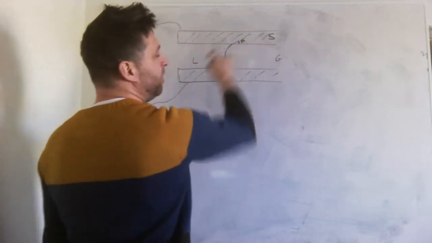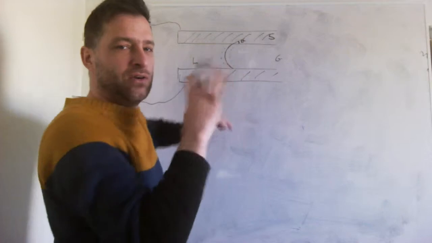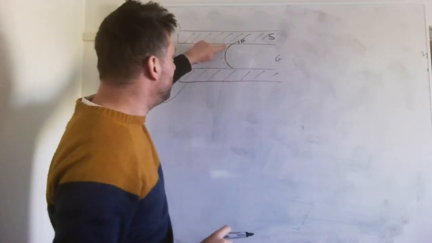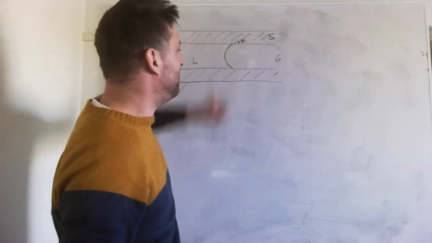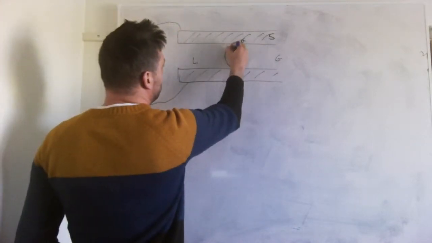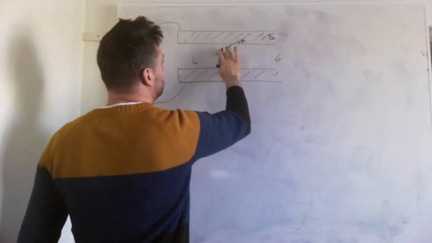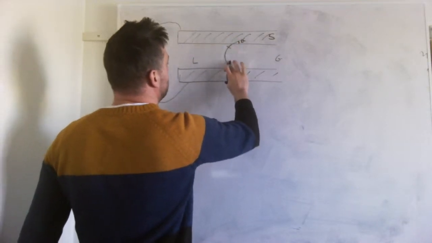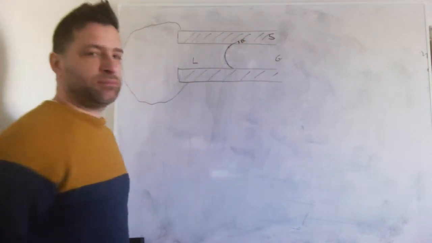That's because it's a very small system, so there's no hydrostatic pressure difference or pressure fluctuations. So I have the same pressure drop at any point. The delta P at any of these points is equal. And that means that the curvature radius at all these points must also be equal.